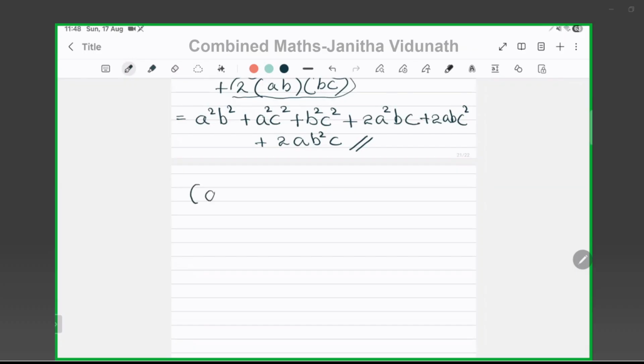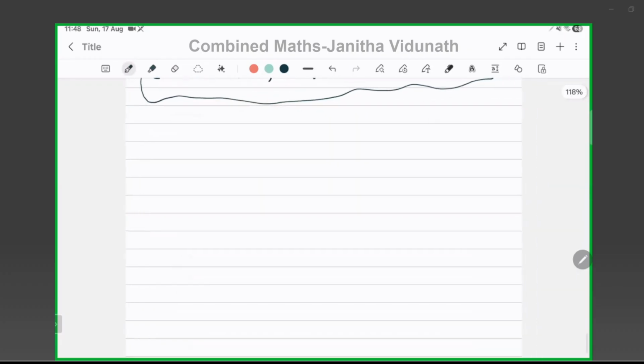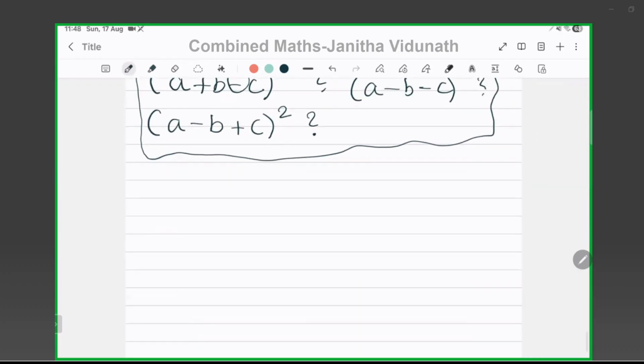Like if we have (a + b - c) whole square, what is the expansion of this? Or if we have (a - b + c) whole square, or if we have (a - b - c) whole square. Now we are going to learn how to expand these kinds of expressions, with a minus sign instead of a plus sign. I will explain from one example how to expand those kinds of expressions.